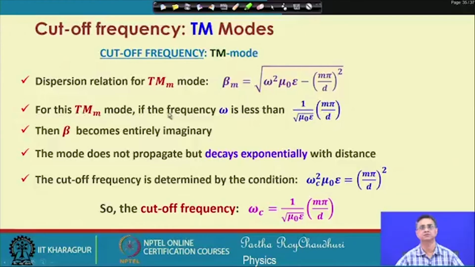If the frequency omega is again less than this, then this quantity becomes imaginary in the same way, and the wave decays exponentially with the distance, and you know that imaginary quantity in the exponent with the oscillatory function will give you an exponentially decaying field, and as a result this mode will not be able to propagate, and we can then set up the cutoff condition which is determined by this expression, and therefore, omega c will be this.